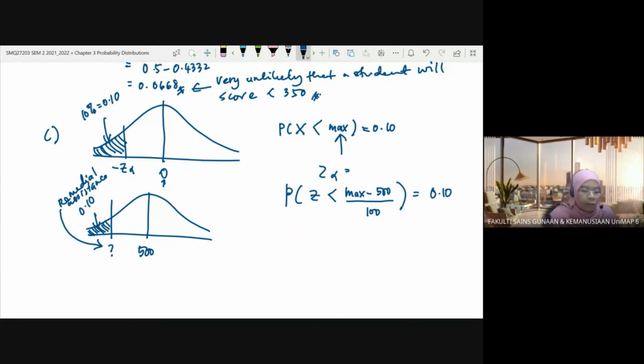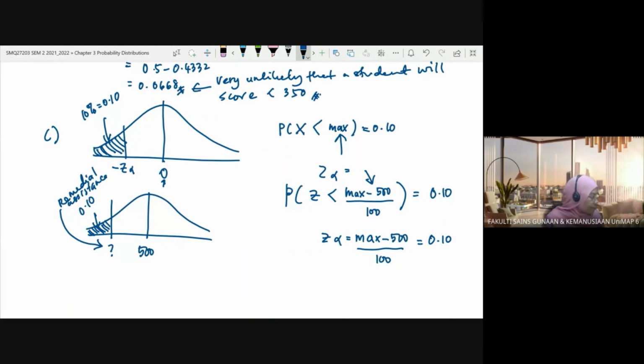Okay, we know that we are looking for this particular maximum value of the lowest value. So this is what we call Z alpha, where Z alpha is given as maximum minus 500 divided by 100 equal to 0.10.